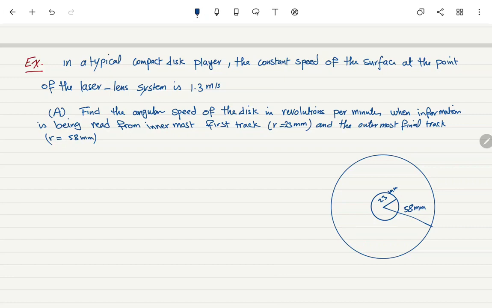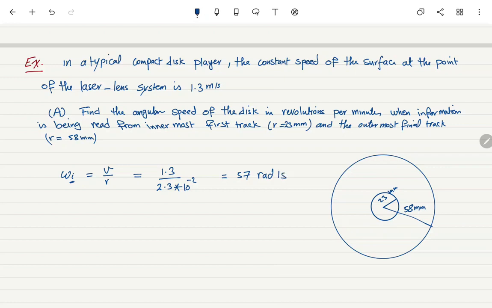Now let's find omega initial, which equals V over R. Initial is the innermost track, at R equal to 23 millimeters. So V is equal to 1.3 meter per second divided by 2.3 times 10 to the power minus 2 meters, or equal to 57 rad per second.